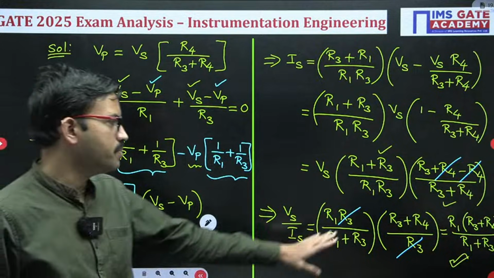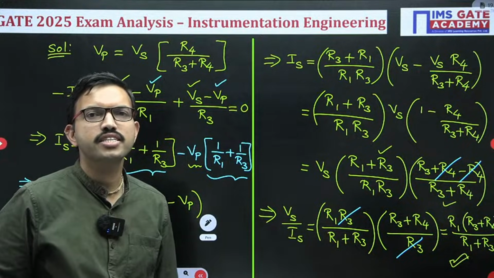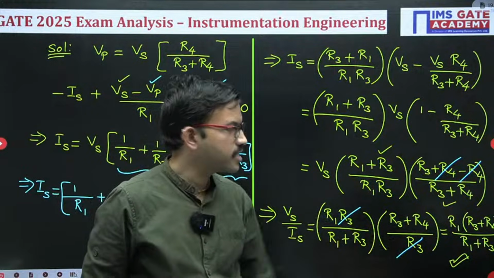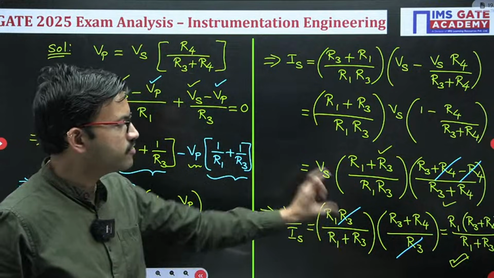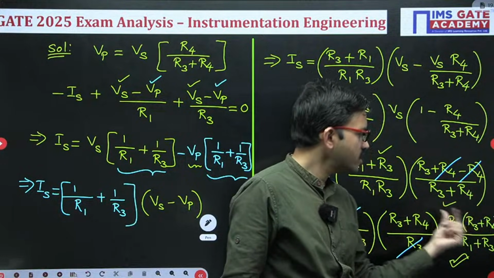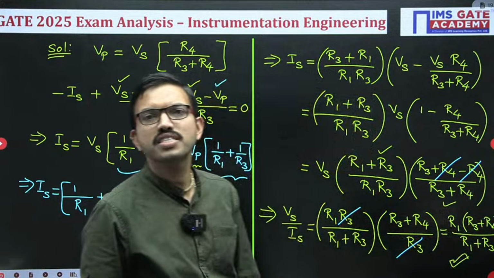I hope you might have solved this question correctly in the GATE exam. I hope you might have got exactly the same answer or a similar kind of thing, if they have rearranged the expression, like numerator as R1 R3 plus R1 R4 divided by denominator as R1 plus R3.